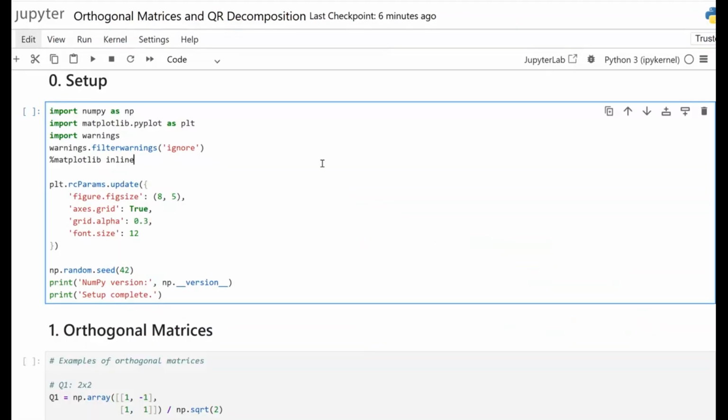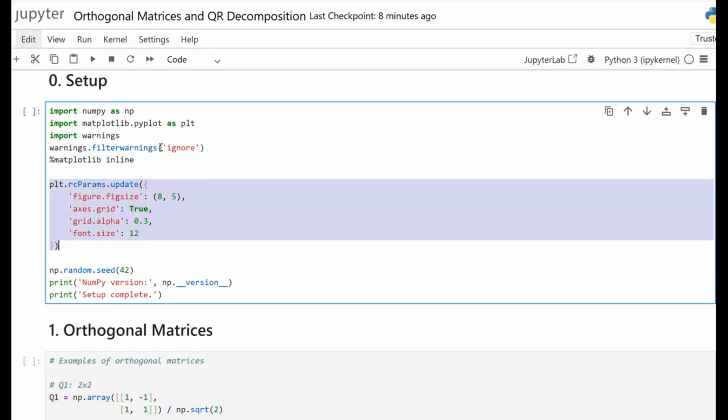Before going on to the discussion, let me include the necessary libraries. Here we have NumPy, which provides efficient numerical array operations and is foundational for linear algebra computation. For Matplotlib, it is used for creating visualizations such as graphs and figures. Next, we include the warnings module, which controls warning messages generated during execution.